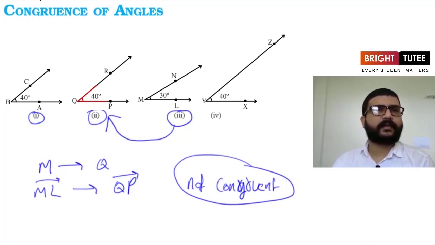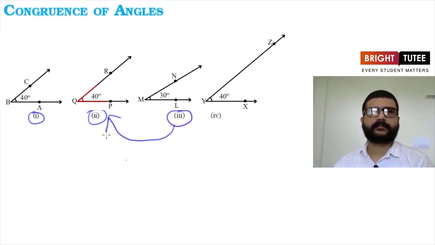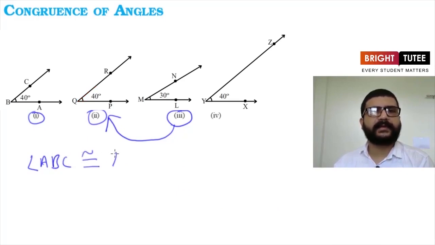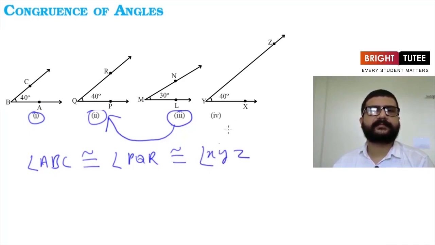So what we have got here, we got that angle ABC is congruent to angle PQR, and it is congruent to XYZ. Now angle XYZ is congruent to angle PQR.